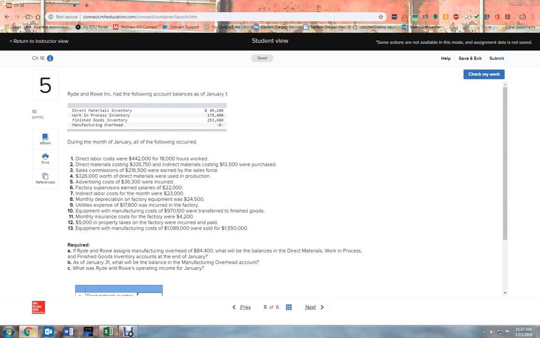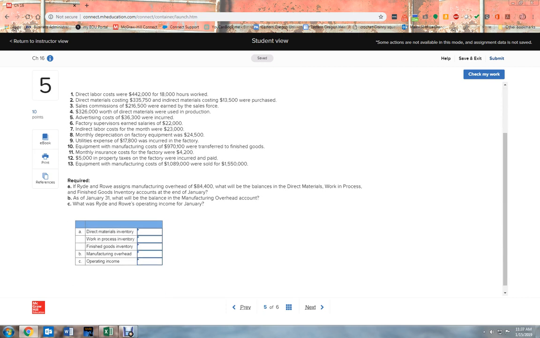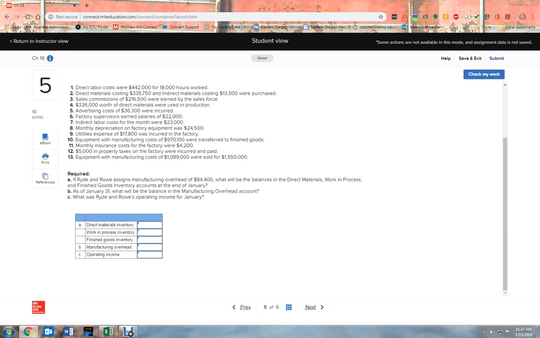As of January 31st, what will be the balance in the manufacturing overhead account? I know I'm looking for indirect production costs there. What was Ride and Row's operating income for January? I know I'm going to need cost of goods sold to get there. So the questions are: direct materials inventory, work in process, finished goods, manufacturing overhead, and operating income.